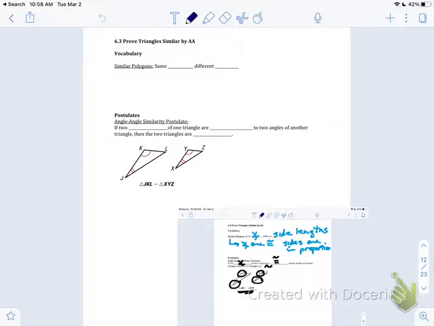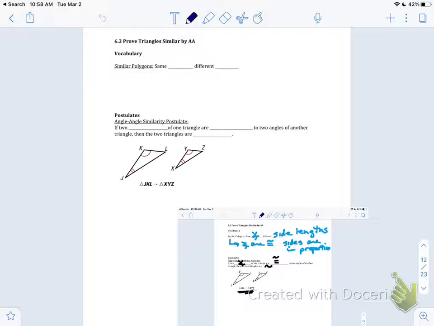So let me get rid of my marking so we can see what I'm actually talking about. Okay, so here's your similarity statement. You should practice listing all the equal sides, all the sides in proportion, and all the equal angles. So let's really quickly do this.